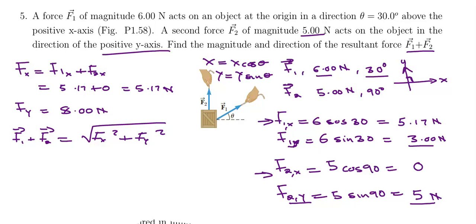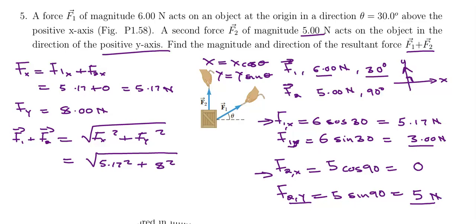So we are going to have 5.17 squared plus 8 squared, and it's giving me 90.72.